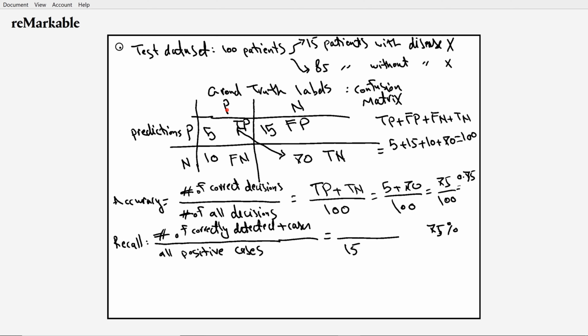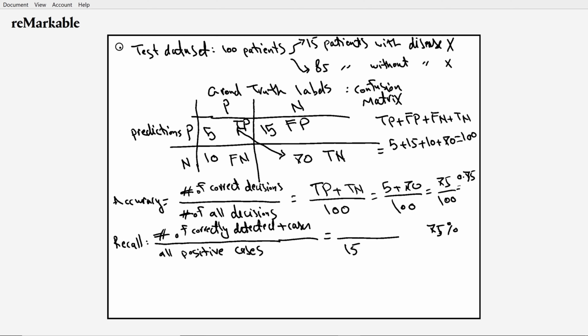The two numbers right below it, 5 and 10, add up to 15, which matches the 15 patients that we had with that particular disease, our positive patients. So in total, the population we're looking at is 15 patients with that disease. And how many of these patients did our model detect?